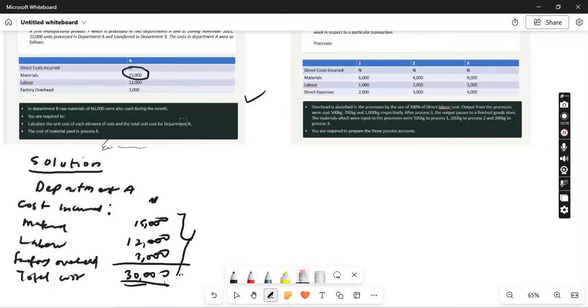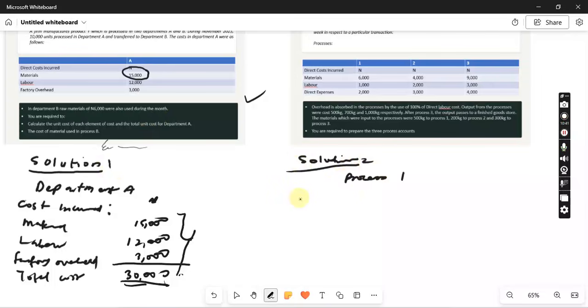Now, for the solution, for department one, let us treat process one.